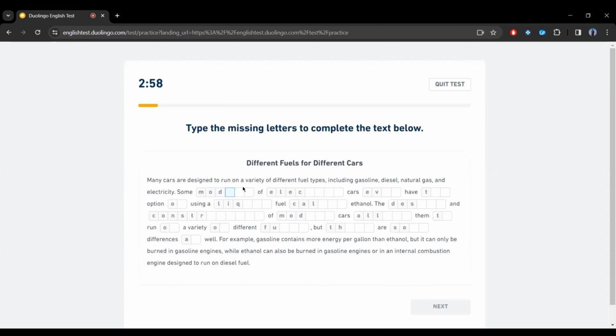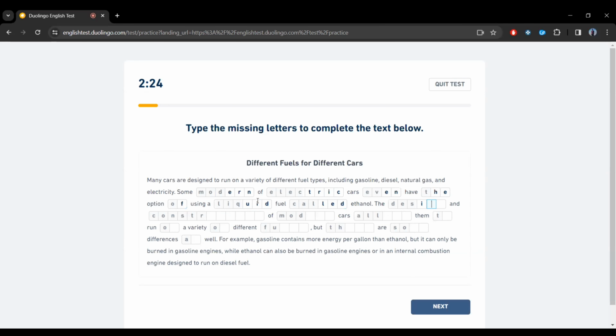Many cars are designed to run on a variety of different fuels, including gasoline, diesel, natural gas, and electricity. Some, even electric cars, have the option of using a liquid fuel called ethanol.